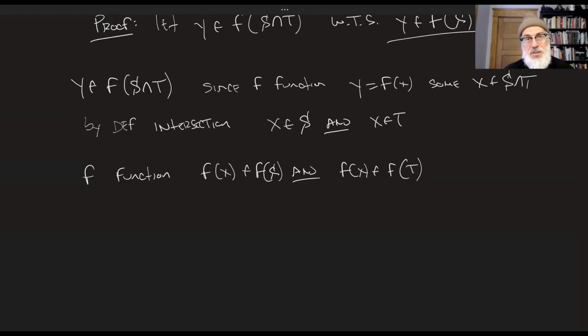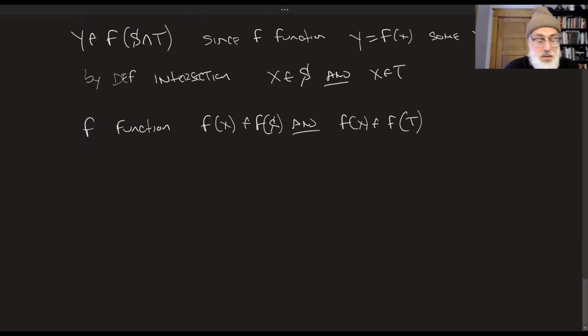That means that there would be some element x in S that didn't have a mapping, and that means that f would not be a function. So by the definition of a function, these have to exist. So f of x is in f of S and f of T.